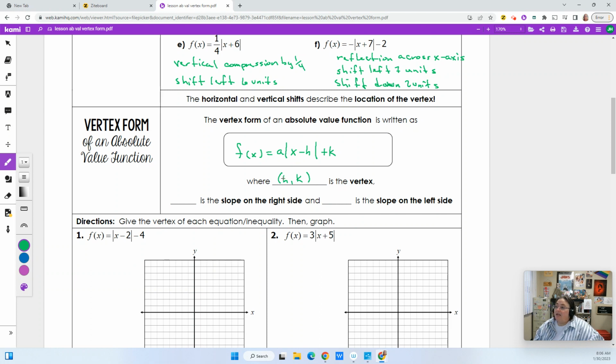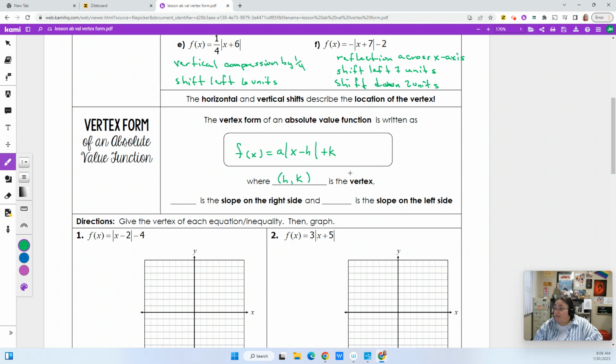Now notice I didn't put negative h. It would be the positive version of whatever h is, right? It's h without that negative in front of it. Now if that's plus h, we know that our h is negative. I hope that makes some sense to you.